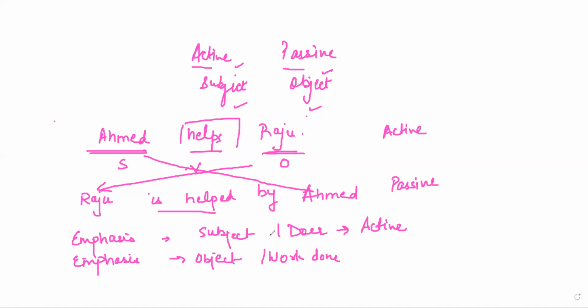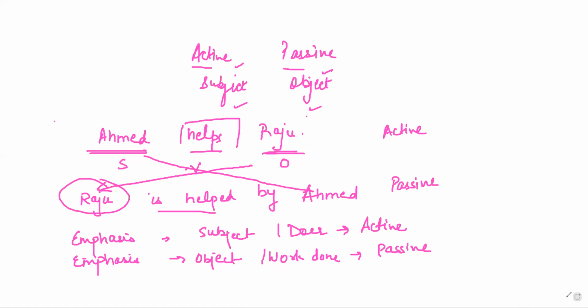Fine. So you can say, like in this example, Raju is helped by Ahmed. So who is helped? Basically Raju. So we are emphasizing on the object, not on the doer of the action. Who is helping? Basically Ahmed. We are not focusing on that. We are focusing on who is being helped. So then in such a case, we say that the emphasis is on passive voice. I hope I'm clear. Okay.